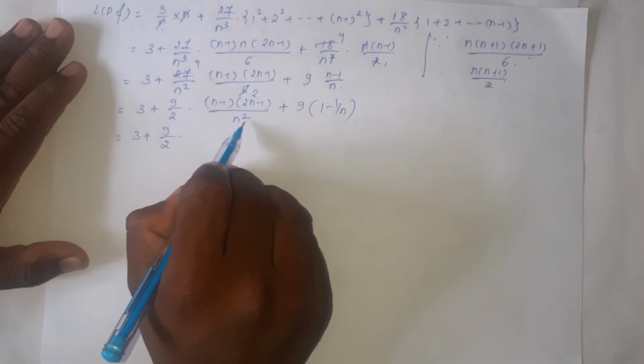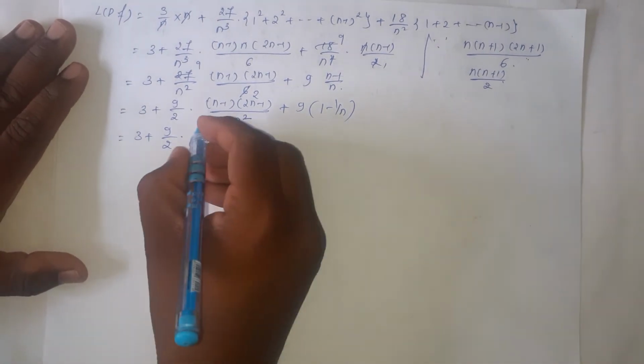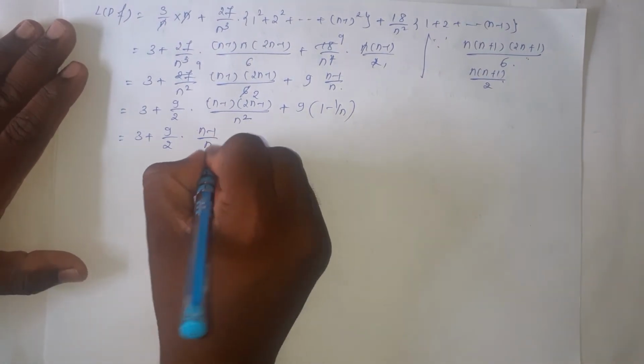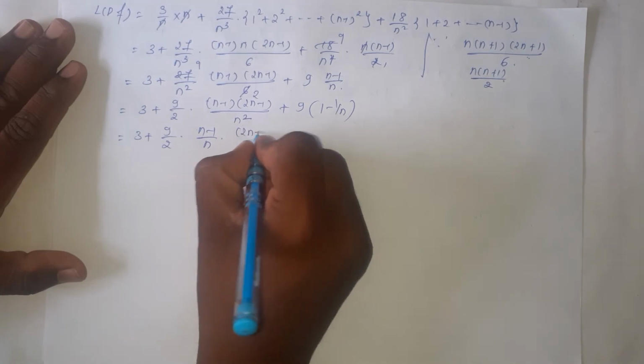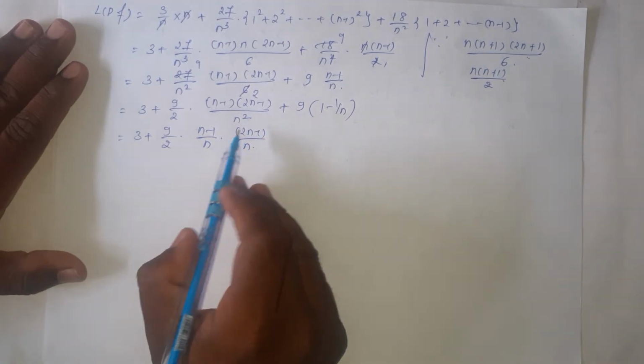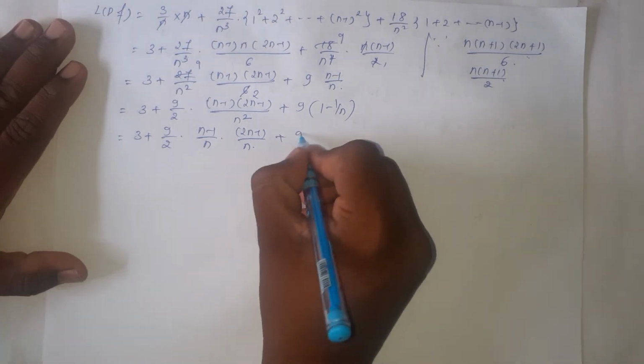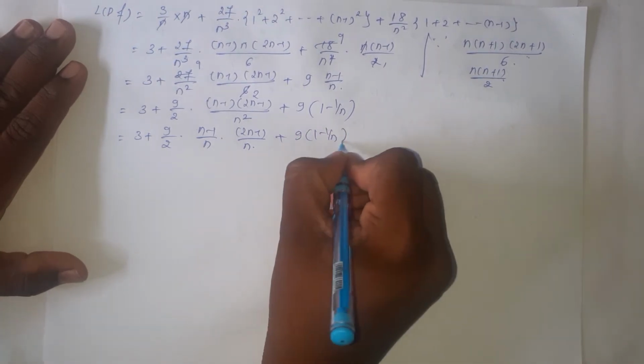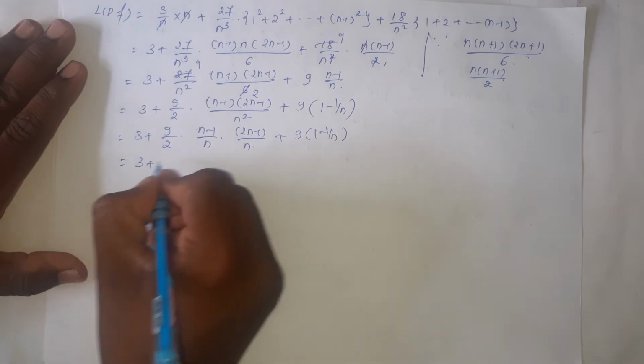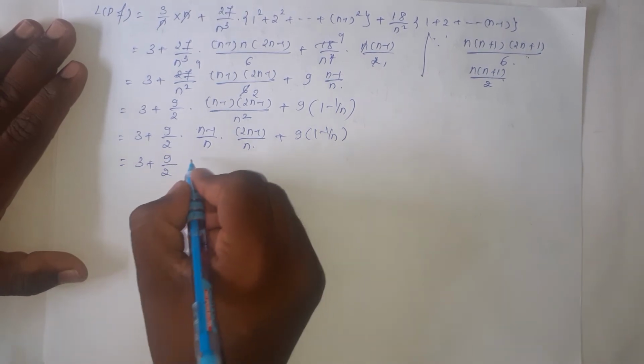Now, this can be written as n minus 1 by n into 2n minus 1 by n, because the denominator is n square, that is n into n, plus 9 into 1 minus 1 by n, that is equal to 3 plus 9 by 2.